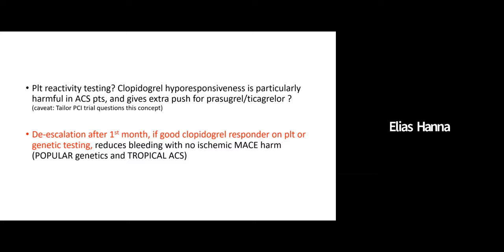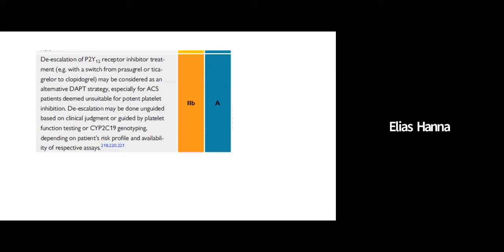Meaning, if you're not Clopidogrel resistant at 1 month, you downgrade to Clopidogrel, you achieve the same ischemic events at 1 year and significantly less bleeding risk. So genetic and platelet reactivity testing can be used for de-escalation at 1 month.